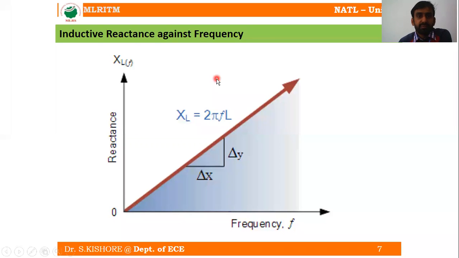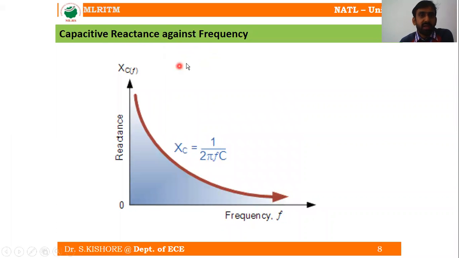So let us plot the capacitive reactance. We know that the capacitive reactance Xc, from the equation we came across just now, is nothing but 1 by omega C. Omega is again 2 pi f, so Xc is equal to 1 by 2 pi fC. So with respect to frequency, the capacitive reactance is inversely proportional to the frequency.